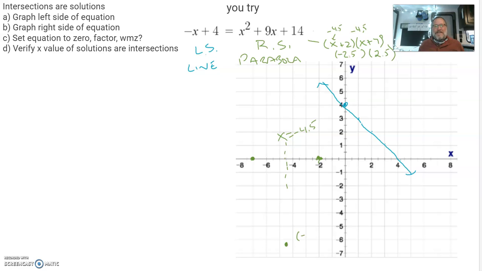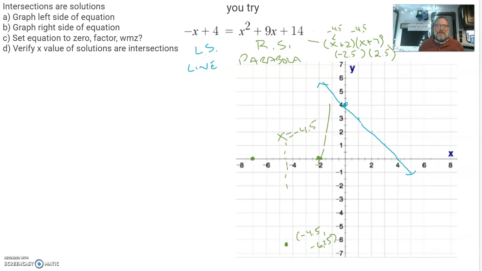The vertex is on the symmetry line, way down here at x is -4.5, and the y is -6.25. Cool? So that's how you can get the parabola graphed.